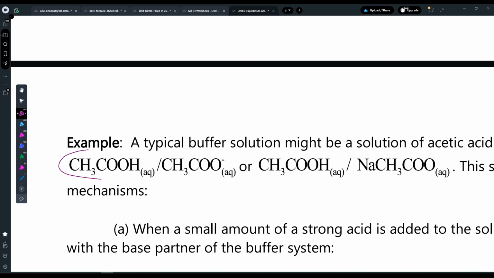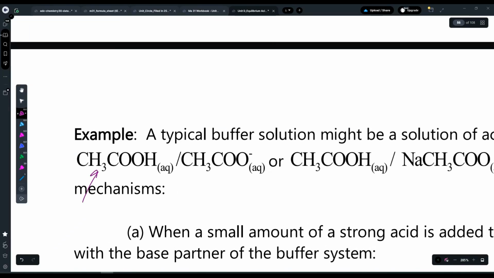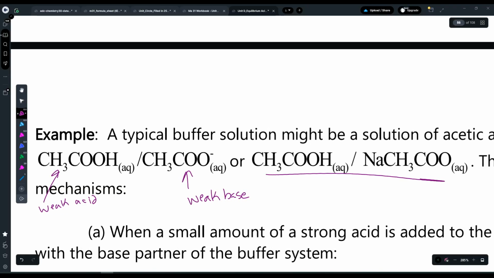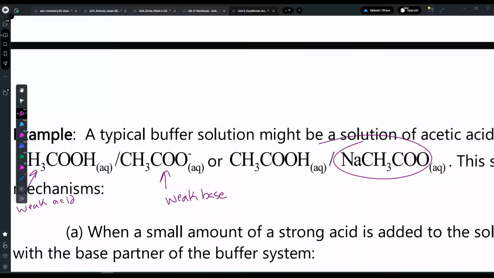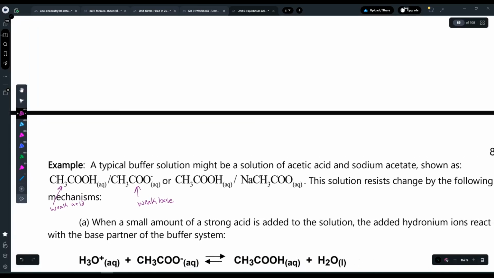This one is a little bit more accurate in showing you what the weak acid and the weak base are that are resisting any changes to pH. It's not to say that what's written over here is incorrect. You just have to be mindful that if you're given an ionic compound and it is soluble in water, which this is, then you need to dissociate it to figure out what the conjugate base, or the weak base, is going to be.